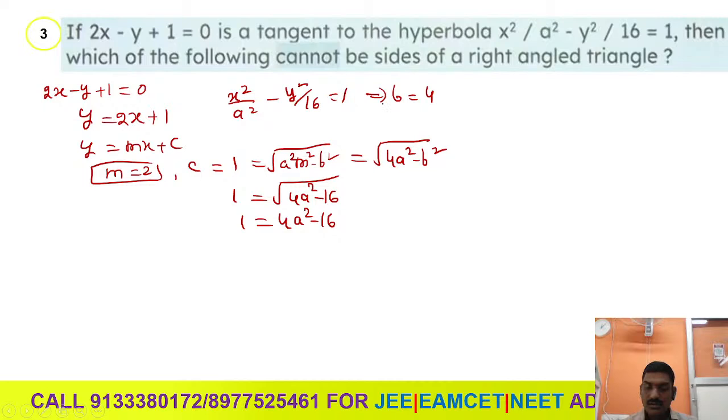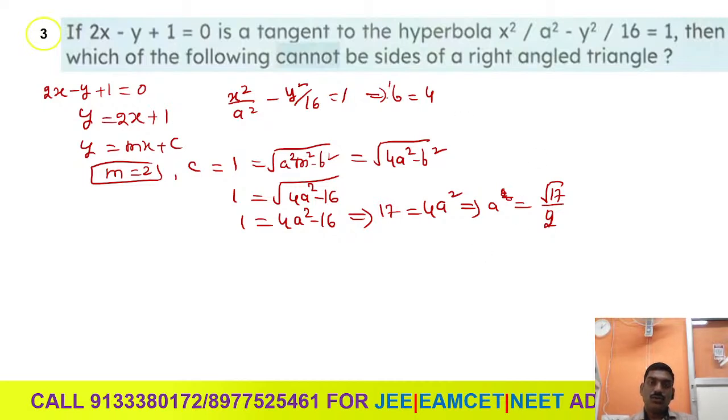So from this, what do we get? Now we can get 17 is equal to 4a square. So 17 is equal to 4a square means what is a? a is equal to root 17 over 4, that is, square root of 17 over 2. This is the a value. Okay.